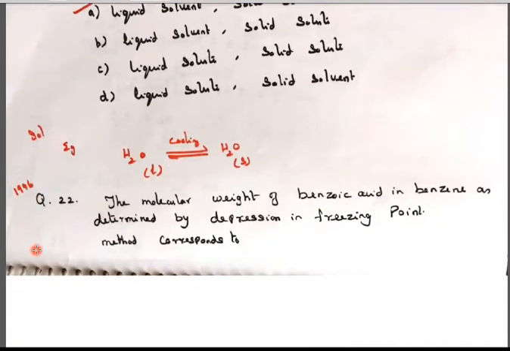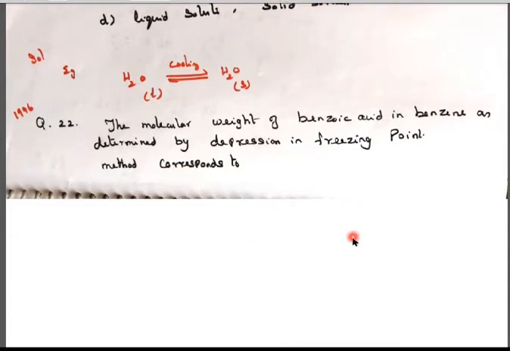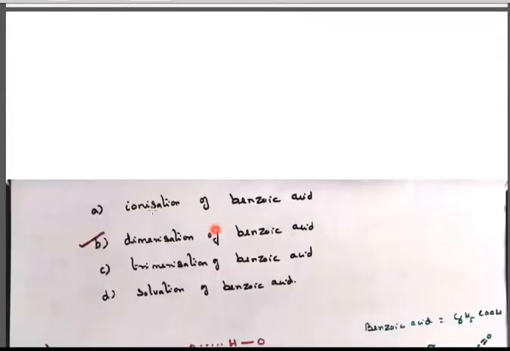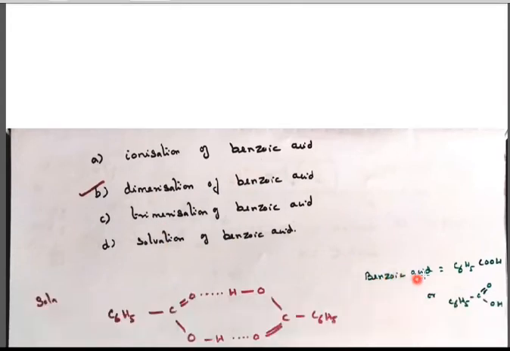In 1996, question number 22: the molecular weight of benzoic acid in benzene as determined by the depression in freezing point method corresponds to ionization of benzoic acid, dimerization of benzoic acid, trimerization of benzoic acid, or solvation of benzoic acid. Benzoic acid's structural formula is C6H5COOH, with C double bond O and an OH.